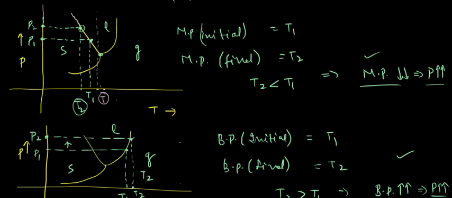So suppose this is the temperature for the endothermic process. Now if we take pressure something like here, then it still would be a solid phase. If we take something here, then it still would be another solid phase.